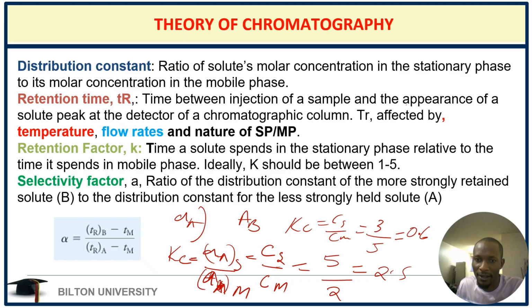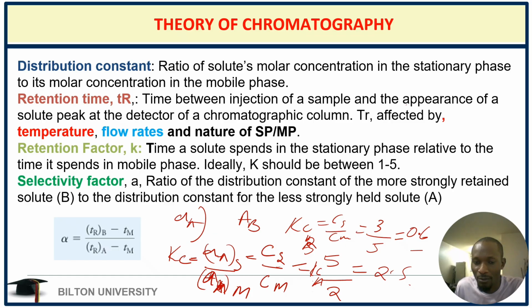So if you check, I'll call this scenario A, and this is scenario B. If you check Kc of scenario A, we have a Kc value of 2.5, and for Kc of scenario B, we have a Kc value of 0.6. So in the second part, the Kc value is smaller compared to the Kc value in scenario A. Why?